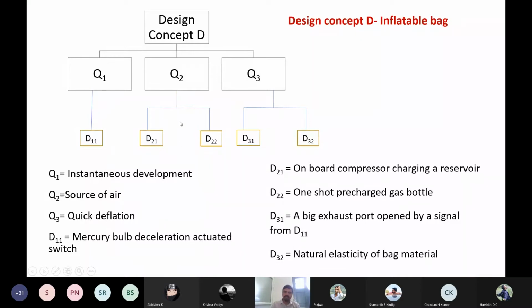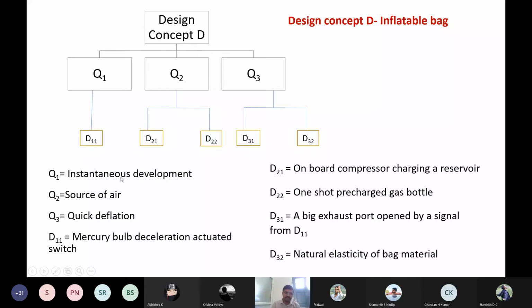Here you are going to apply the probability such that P of D21 or D22. Similarly here also, if you solve any one out of these two, you are able to successfully solve this problem Q3. Okay, so they have given the meaning of these functional requirements and the solutions.